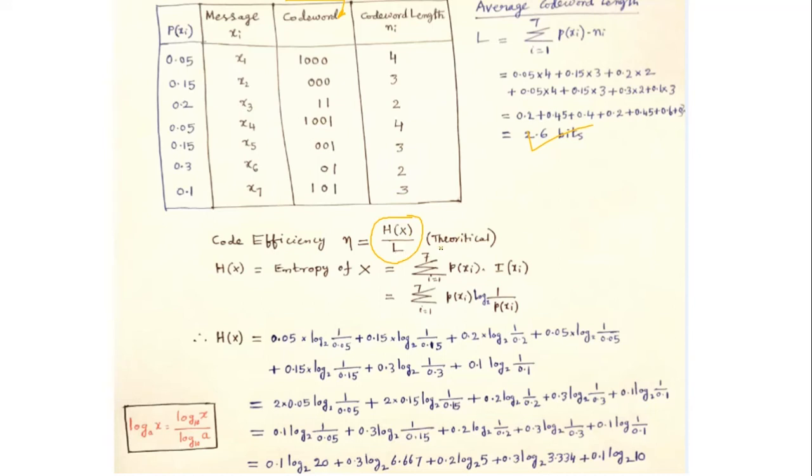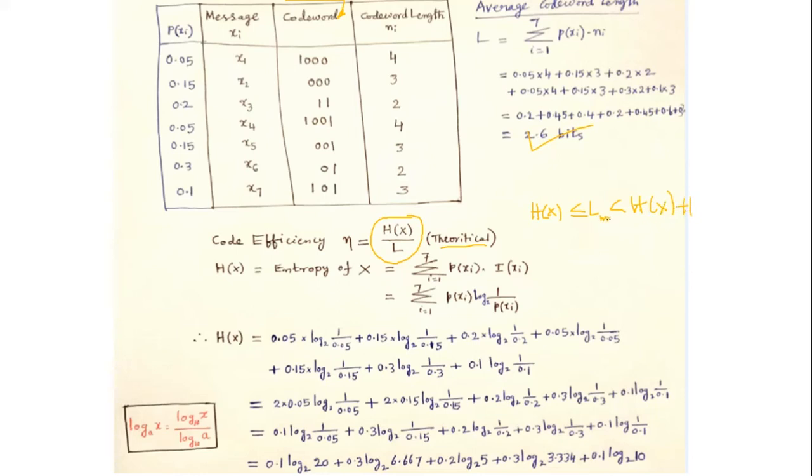This is the theoretical problem, because if you see the Shannon source coding theorem, it says that H(X) must be less than or equal to L less than H(X) plus 1. This is the source coding theorem.